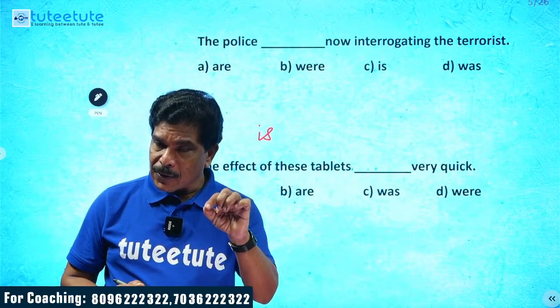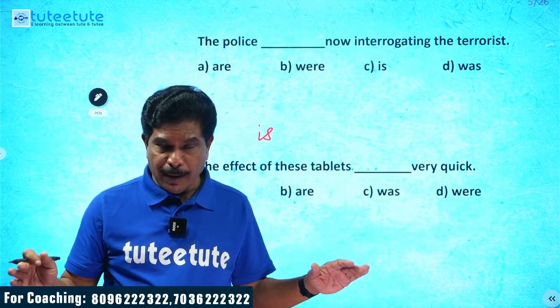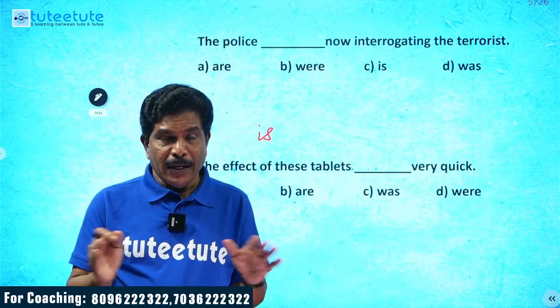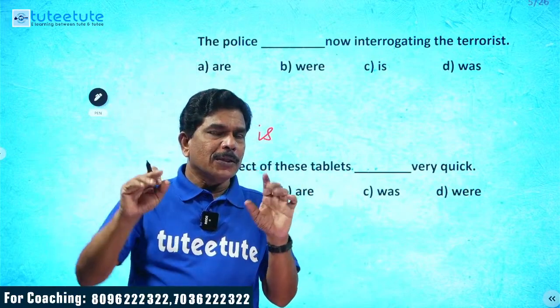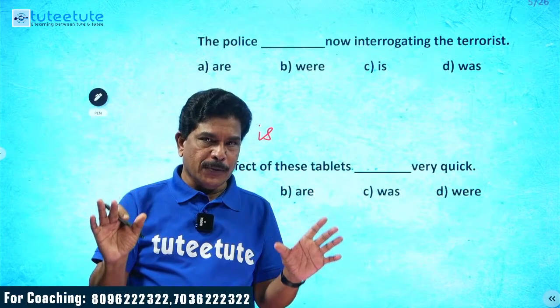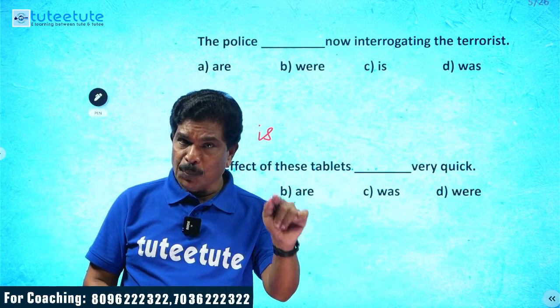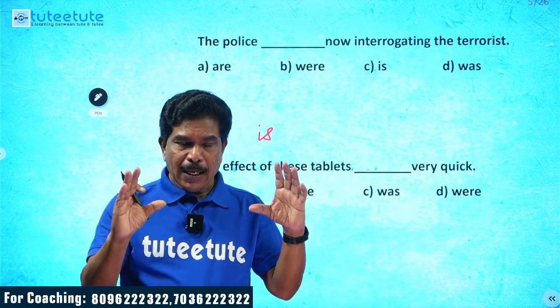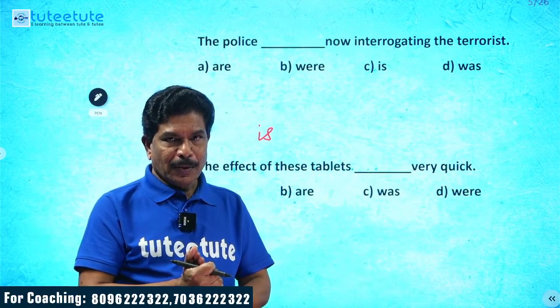There, police is considered singular because we don't mention police personnel, policemen, individuals. Instead, we mention the unit, the whole policing system. So when we consider such group nouns as a particular unit or a single idea, then it is singular.